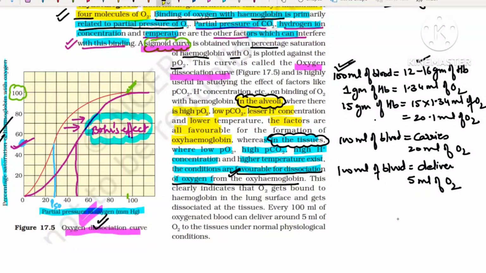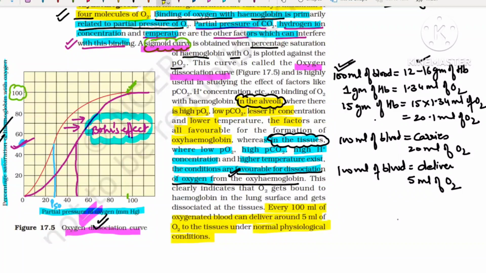Please see this line carefully. Every 100 ml of oxygenated blood will deliver only 5 ml of oxygen to the tissue under normal physiological conditions. So I think the oxygen dissociation curve and transport of oxygen, with all the calculation, might be easy for you.